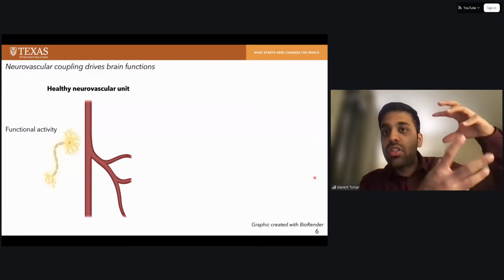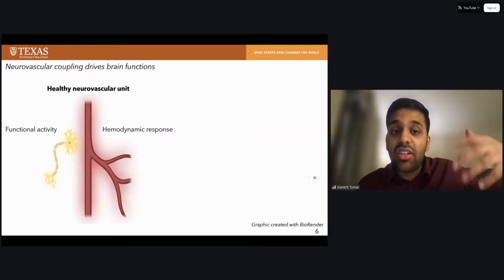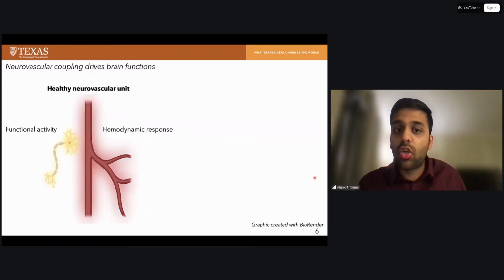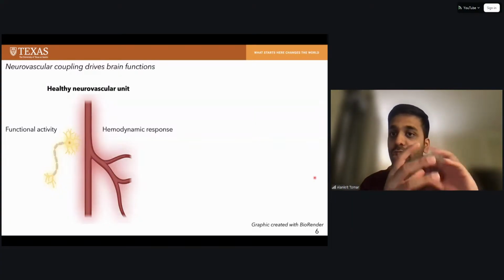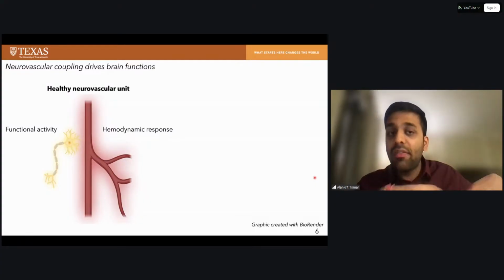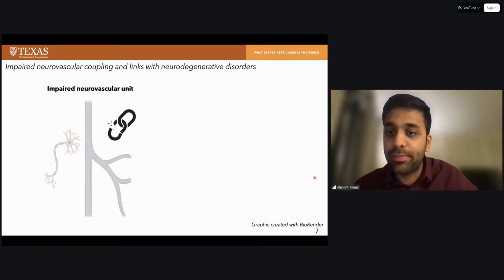And around those neurons is an increase in the blood flow, which is called hemodynamic response. So both the neurons and the blood vessels operate together to give us the functions that we desire.